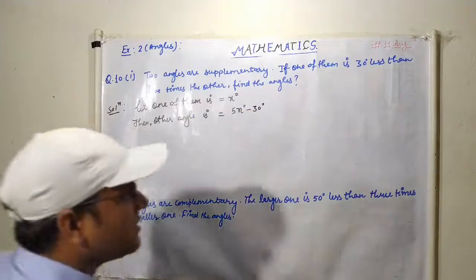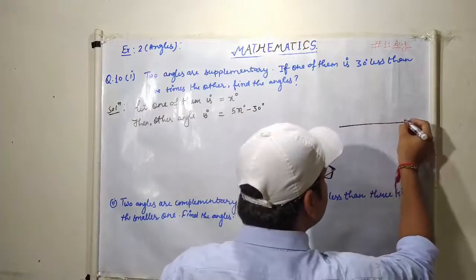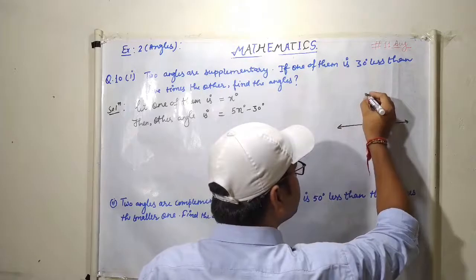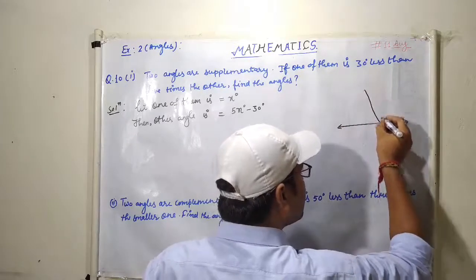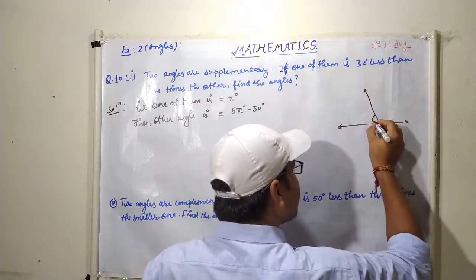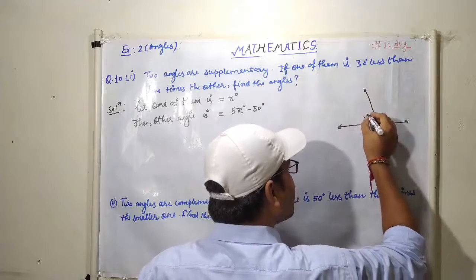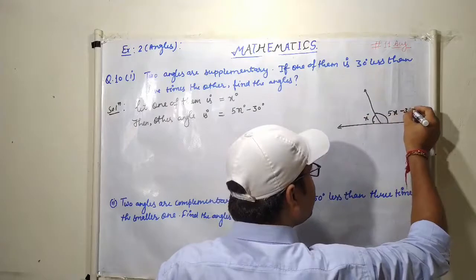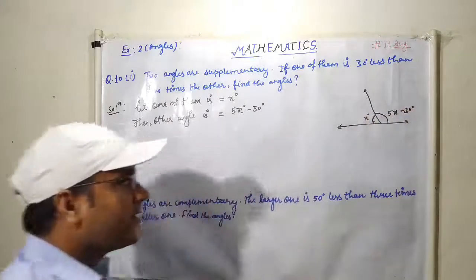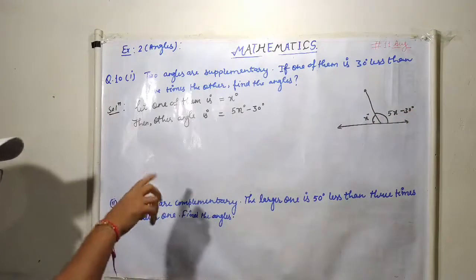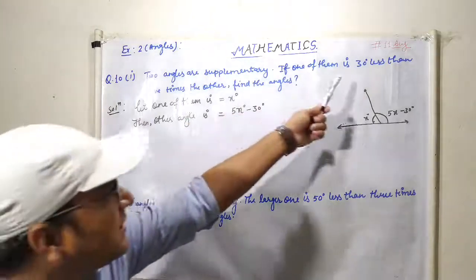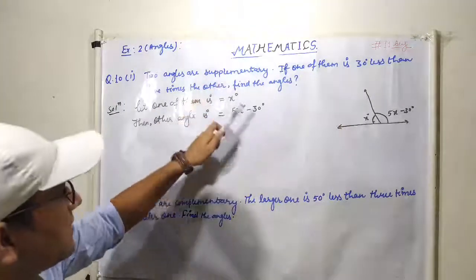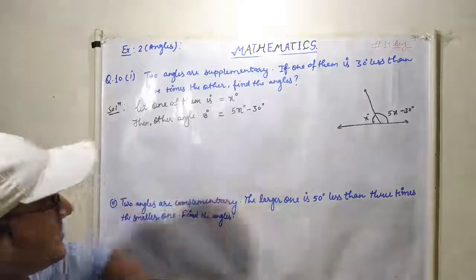See with the help of a figure, students, here this angle is given as x, and this angle is 5 times x, and then it is 30 less. 5x, and one of them is 30 less than 5 times the other, so 5x minus 30 degrees.